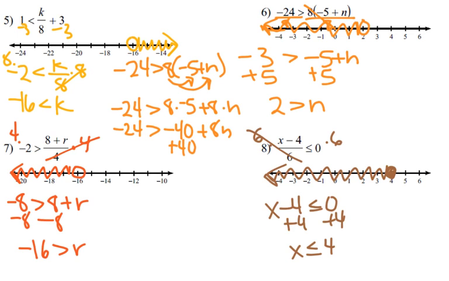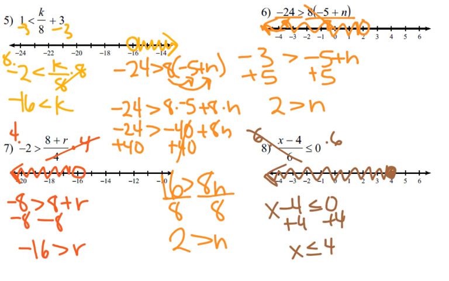I'd add 40 to both sides, giving me 8n is less than negative 24 plus 40 should be, I think, a positive 16, right? Yep. Then I divide by 8, and I get 2 is greater than n, which is the same thing we got up here. So there we go on that one, guys.